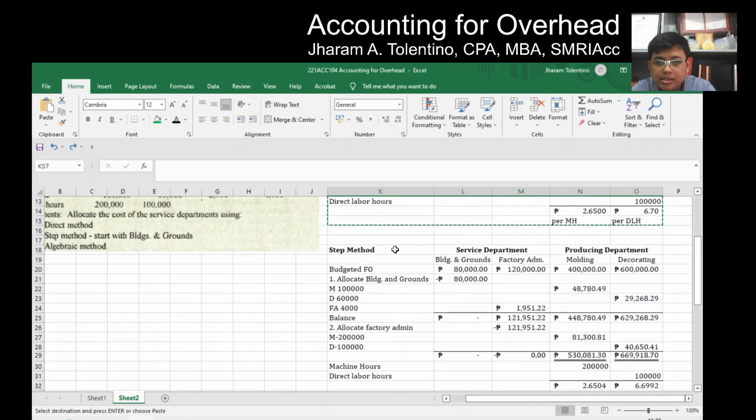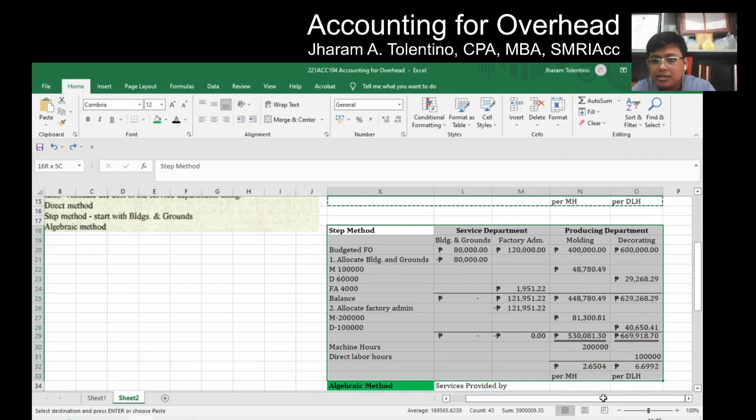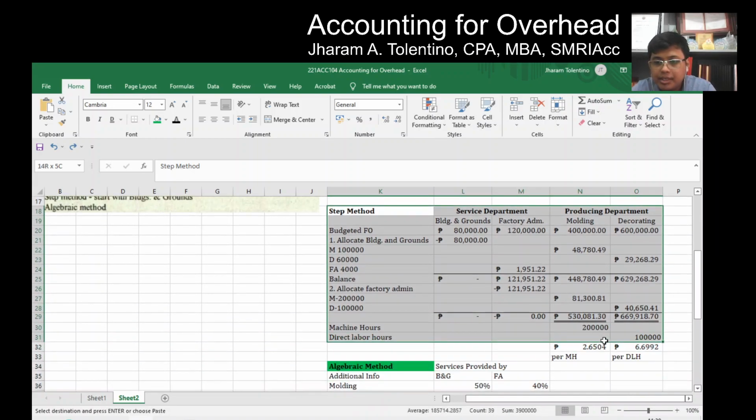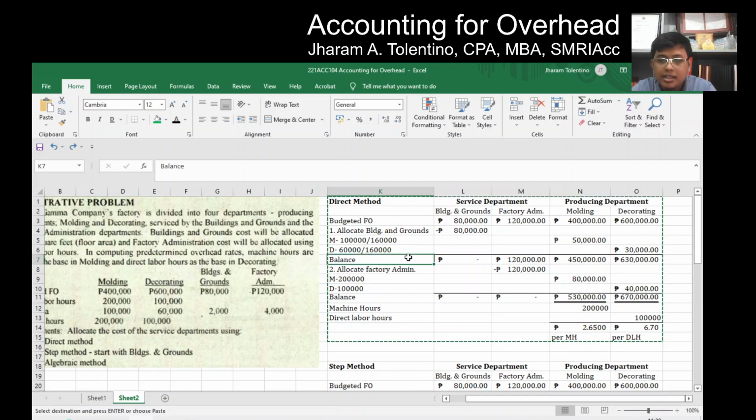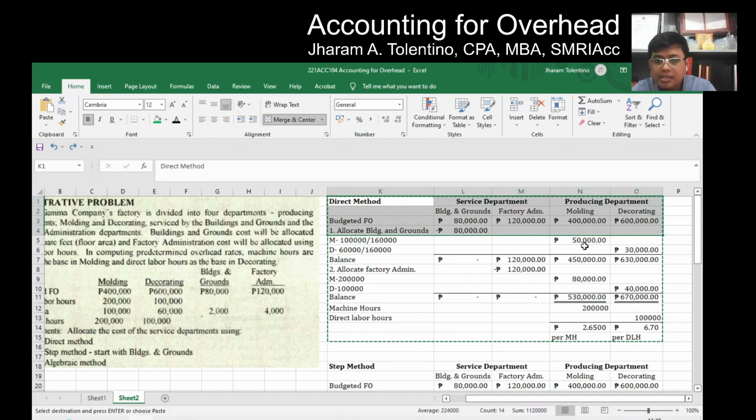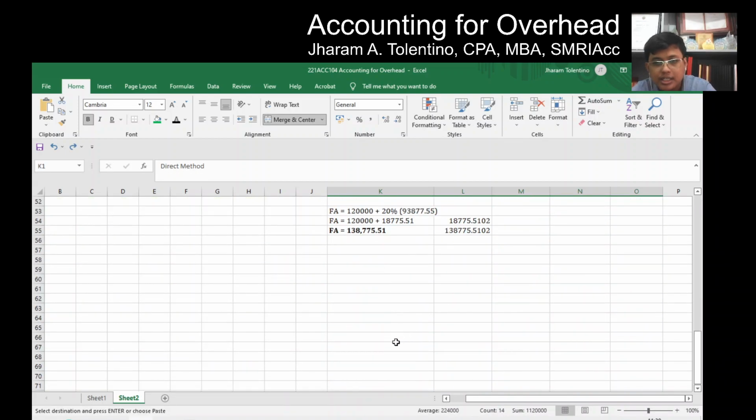Allocate mo siya using kasi may back service. Itong gagamitin. Pero may twist kasi i-allocate pa natin. Sorry. Allocate natin siya na parang direct method pero hindi ganyan.